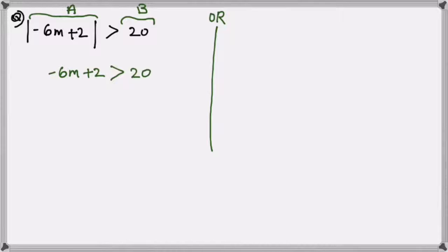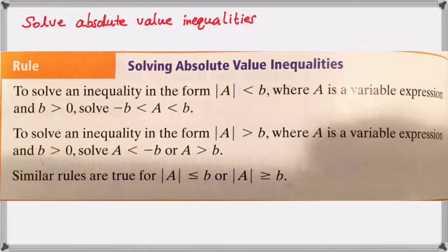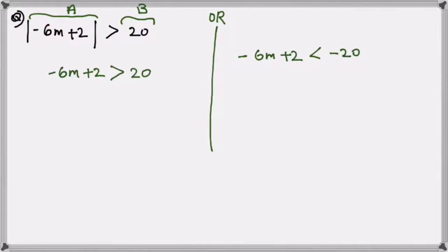And we also need to solve, let's go back and take a look at that rule again, a less than negative b. So a less than negative b would be this: 6m plus 2 less than negative 20, right?